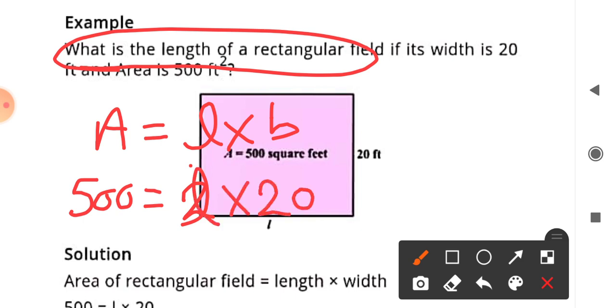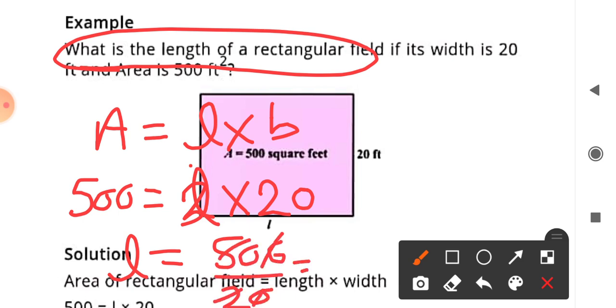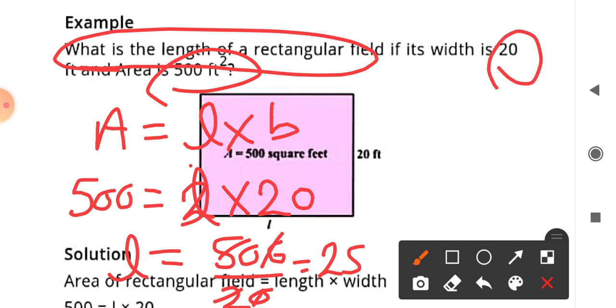So length L is equal to 500 divided by 20, which is 25. Its length is 25 feet, because the area is in square feet and the width is in feet. So the answer is 25.